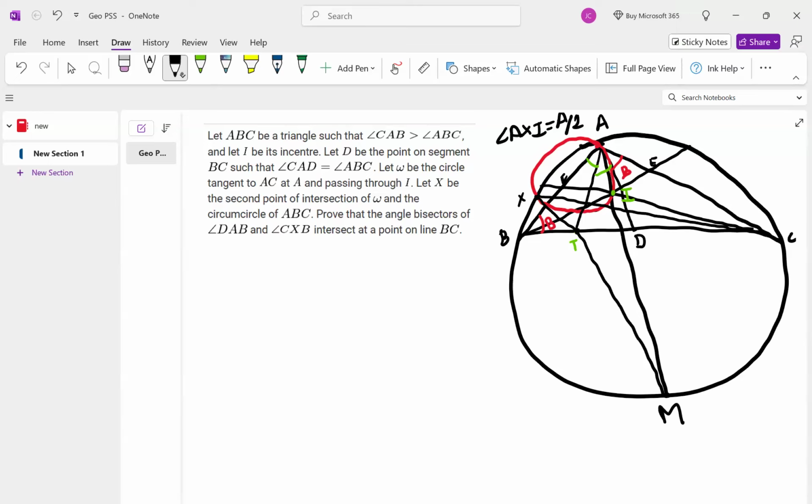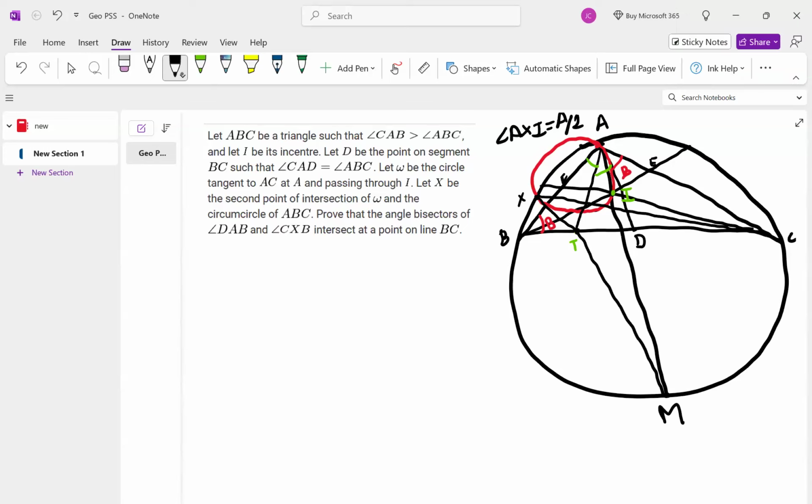I didn't get it. So MXB and MXC, both of them are A/2 because M is the midpoint of this arc. And that is equal to AXI. That's what he just said. XM is the angle bisector of angle CXB. Yes, because the angle bisector must pass through this midpoint of arc. So we're just defining it as that.